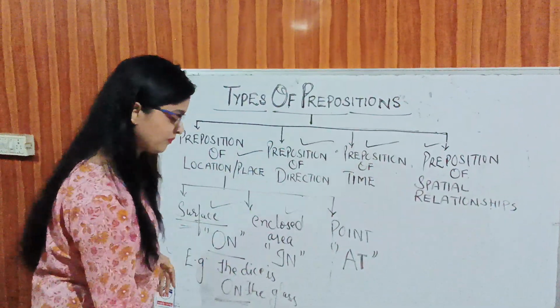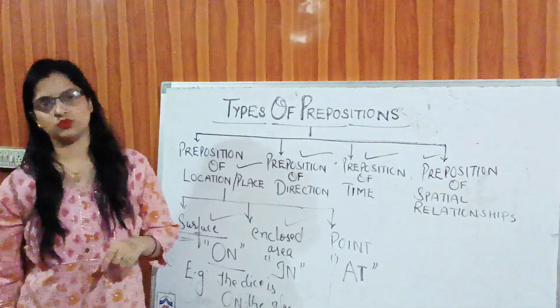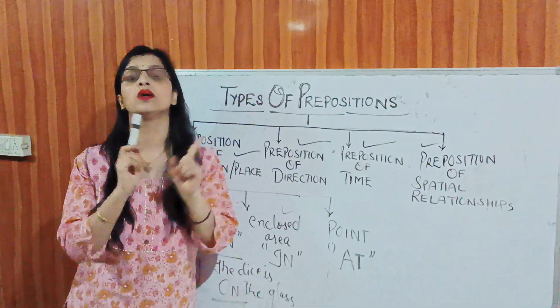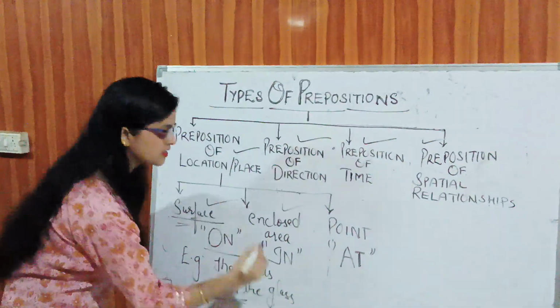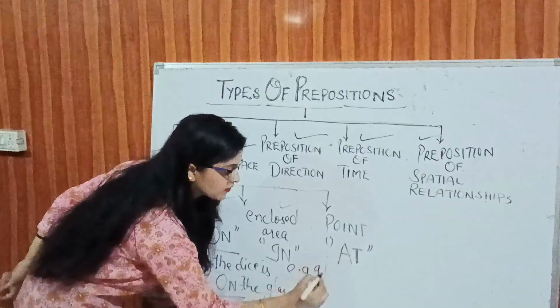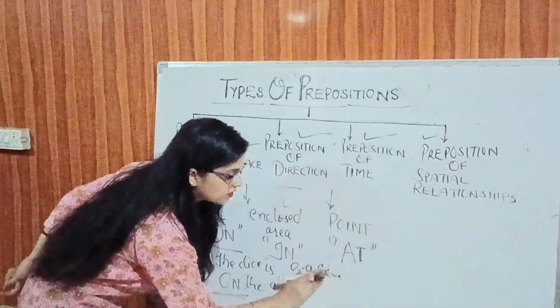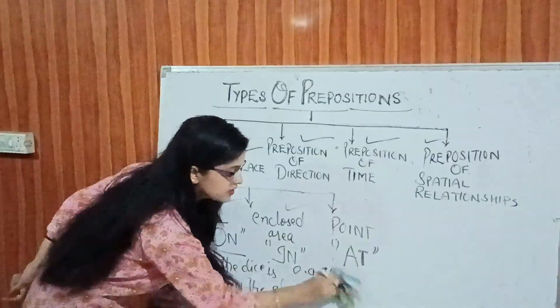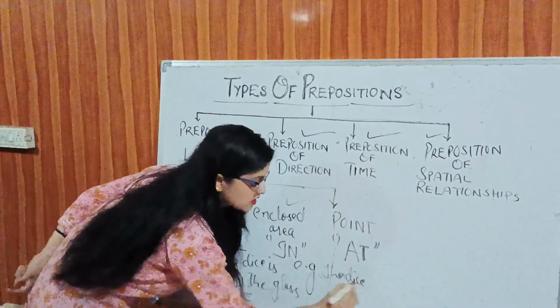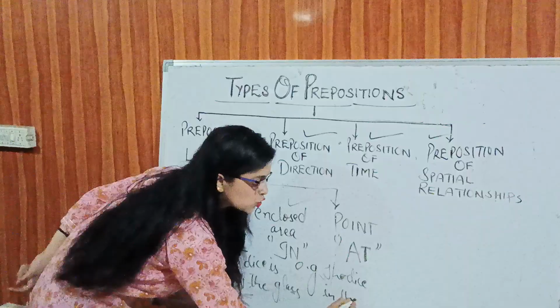Very good. So in this way we use in to show the location when things are enclosed from all the sides. You can take examples like the ball is, or the dice is in the glass. There are so many examples.